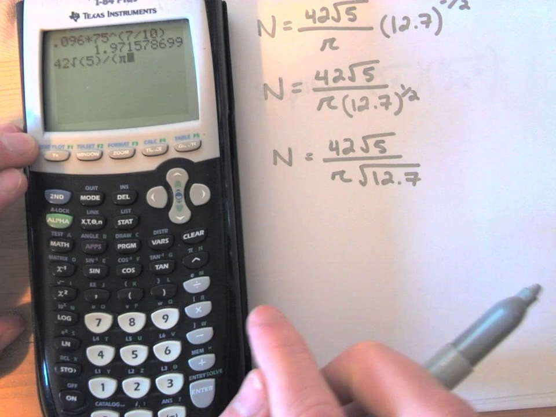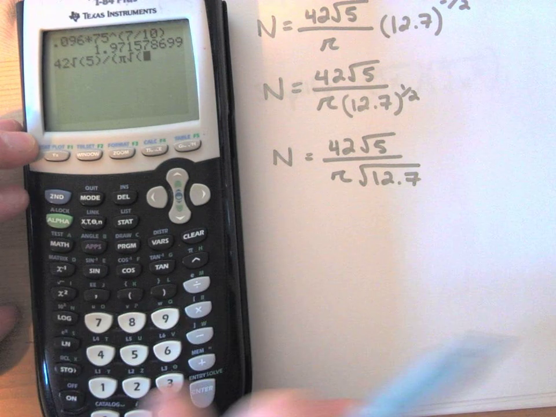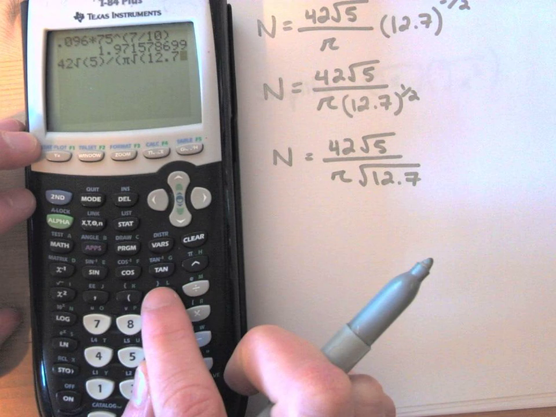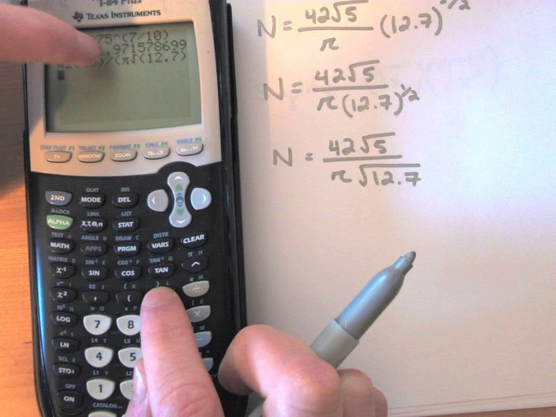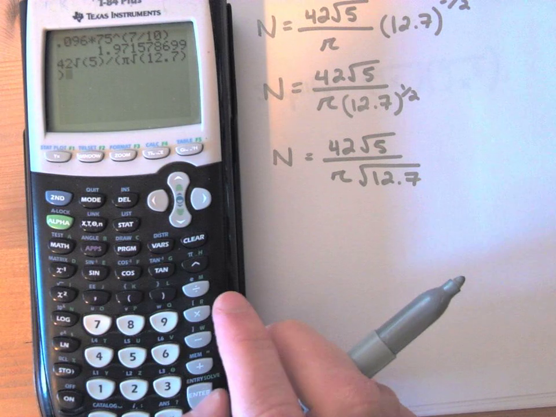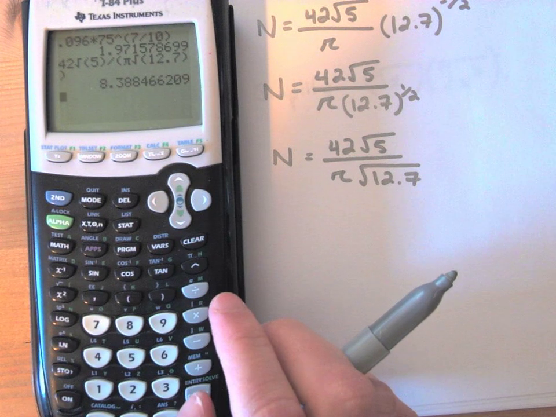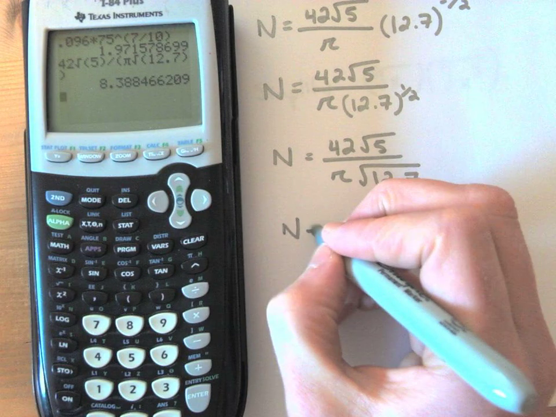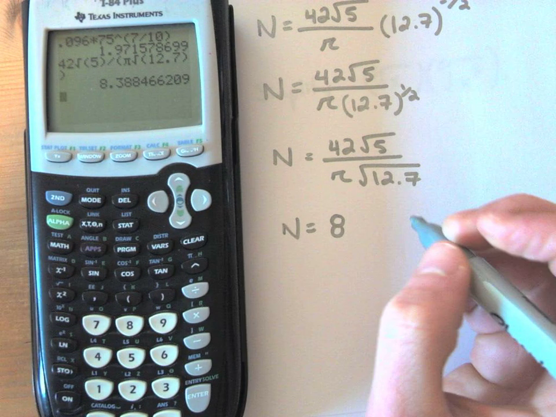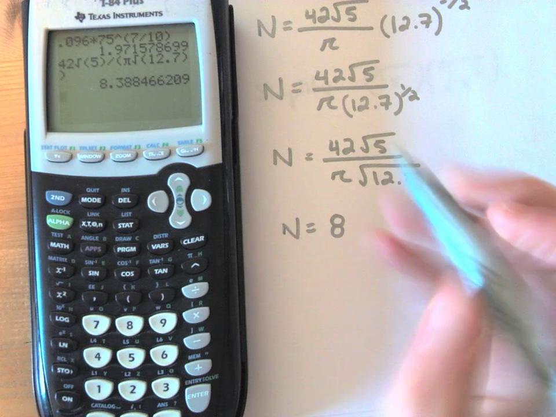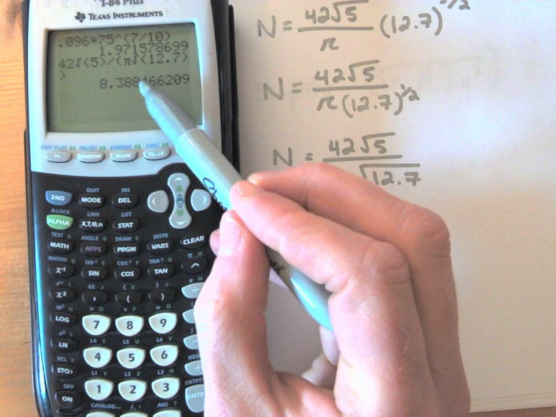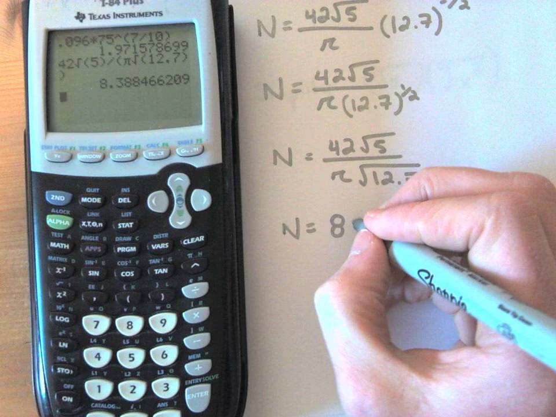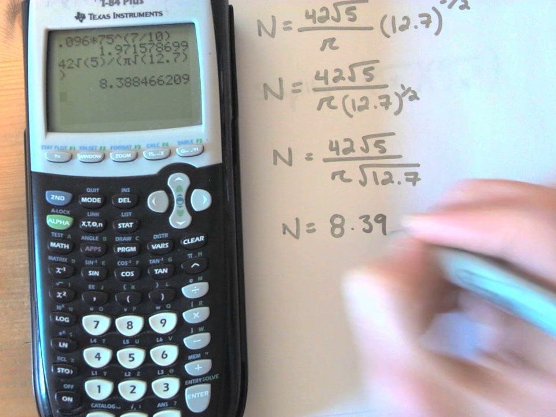So I'm going to hit pi, and then square root of 12.7, close that bracket, and close the second bracket. Alright, so overall it's saying our n, using a calculator, is 8.38, and it wants to the nearest hundredth, so we go 38, we look next door, the 8 is high, so it's 8.39.